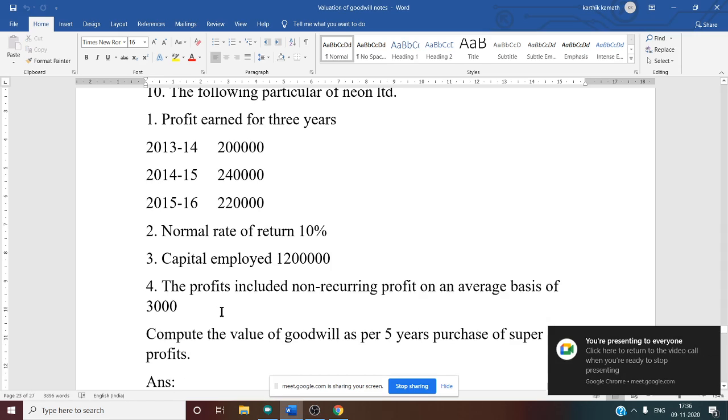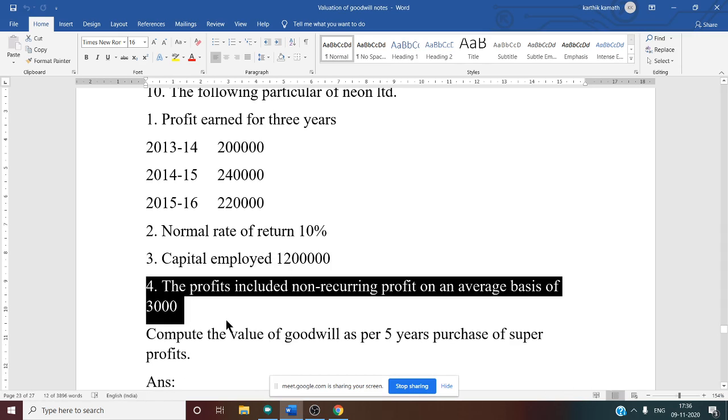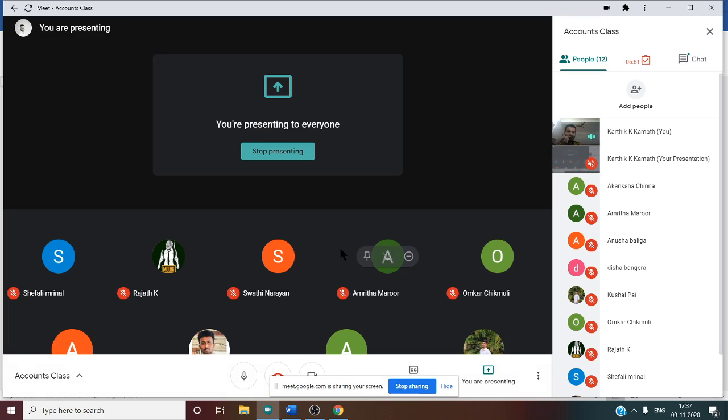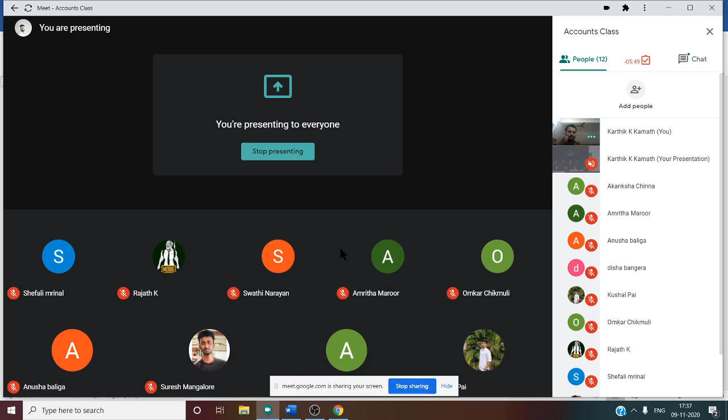Profit included non-recurring profits on the average basis of 3,000. That means what? Can you explain the meaning of this sentence?